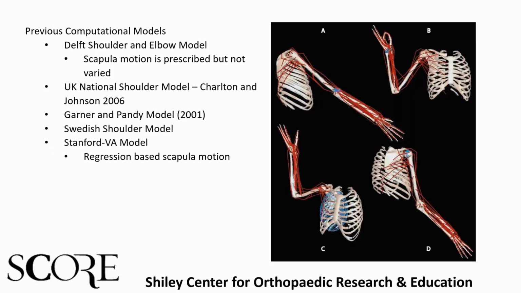So in previous computational models like the Delft shoulder and elbow model, the scapular motion is prescribed. So it is accounted for. There is scapular motion, obviously, but it isn't varied. It isn't an input, but it's canned.